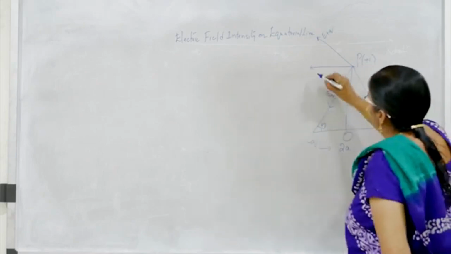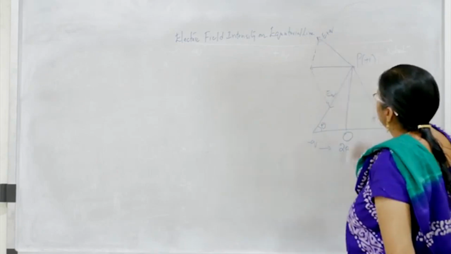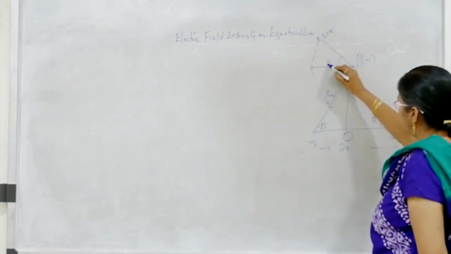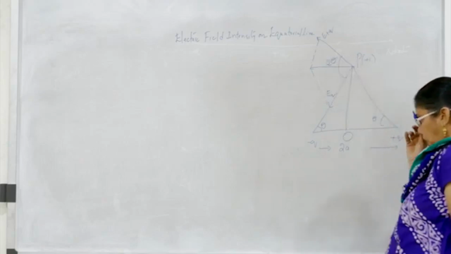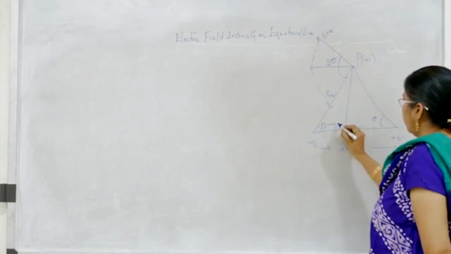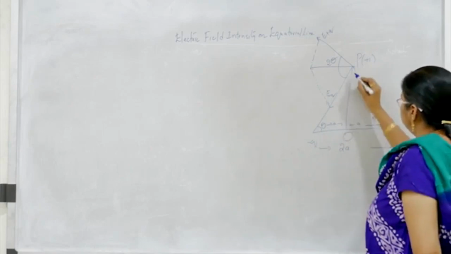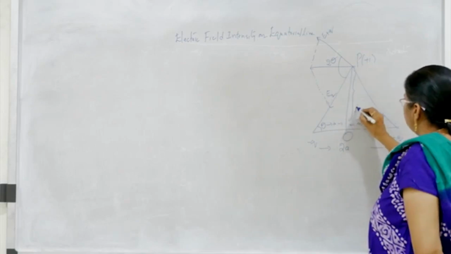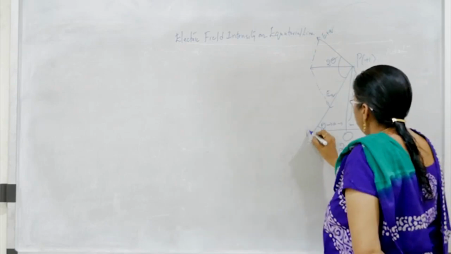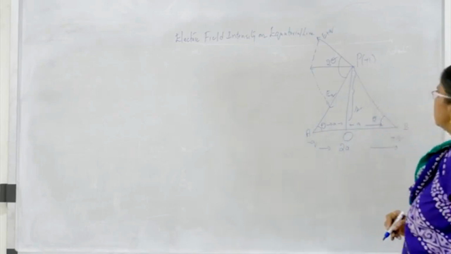This is theta, this is theta, the total angle will be 2 theta, and this becomes A, this becomes A, and this is R, the distance from O to P. So this is the total diagram.